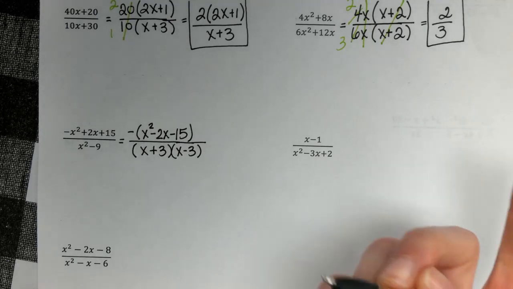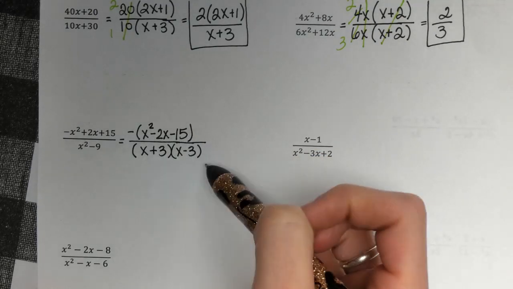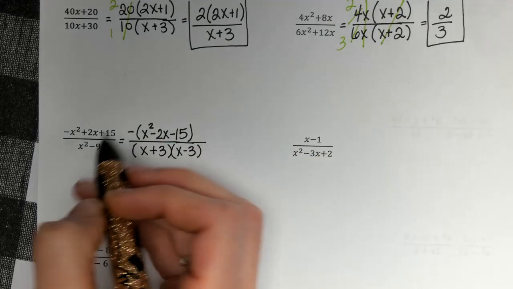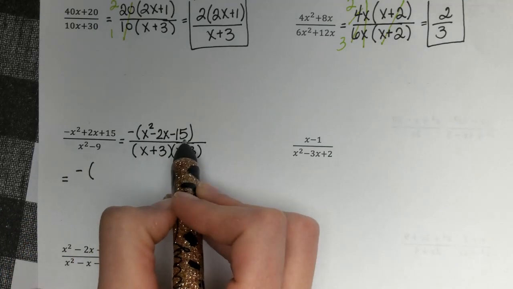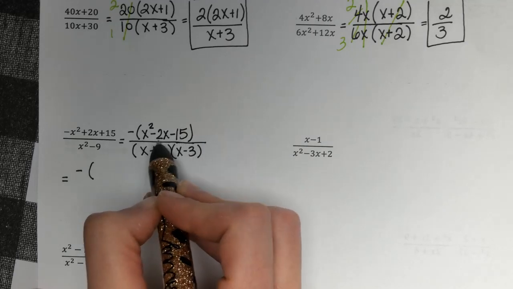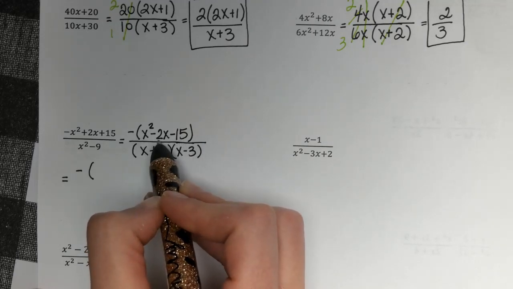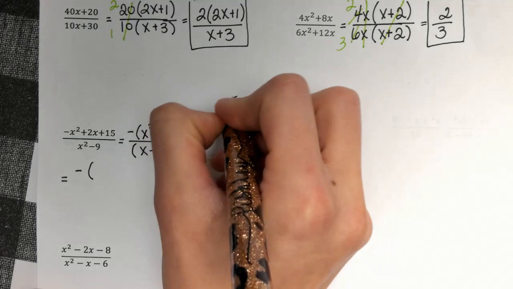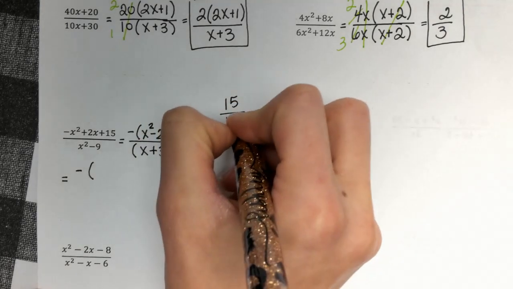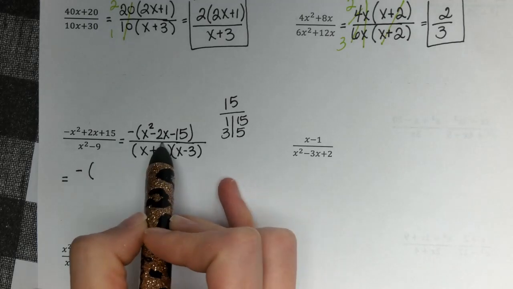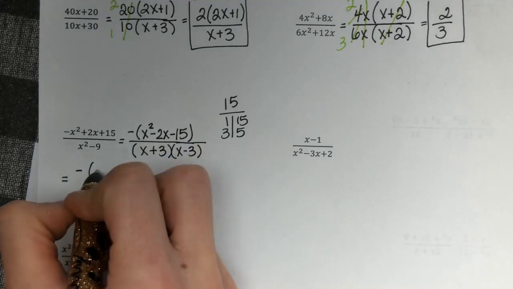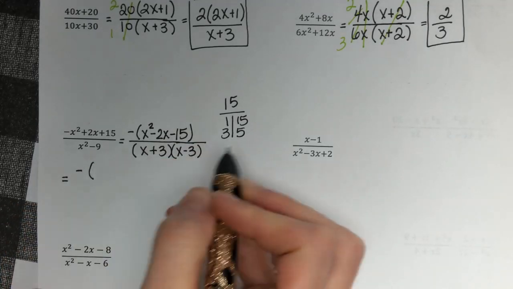Okay, now I also need to factor my numerator, but I could at least do that in that step. So my numerator, when I factor x squared minus 2x minus 15, what are my factors of 15 that would give me a 2? 3 and 5. I've got 1 and 15, 3 and 5. Okay? Which one's going to be positive? Which one's going to be negative? 5 is going to be negative.